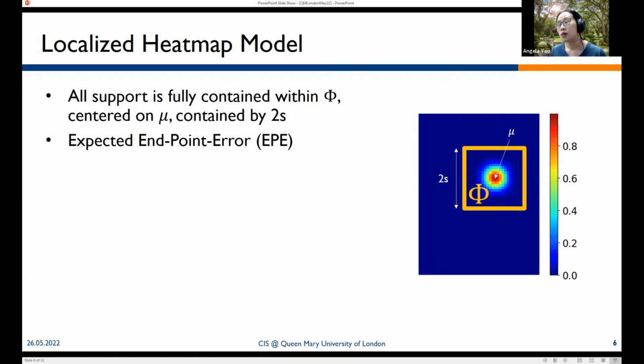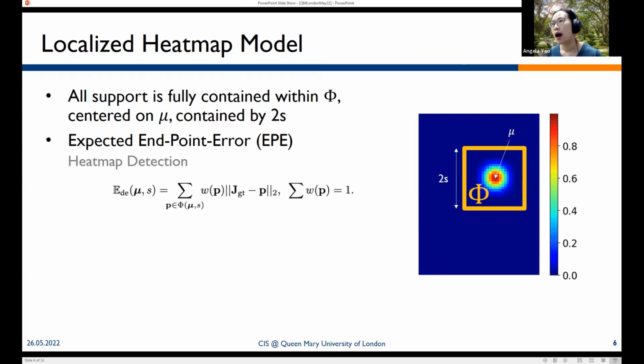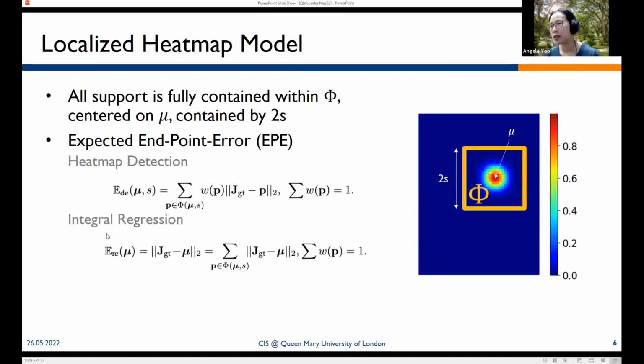Then we estimate the endpoint error, the EPE, which is what's used to evaluate pose estimation. We take an expectation over this, and we can do this for heat map detection as well as for integral regression.